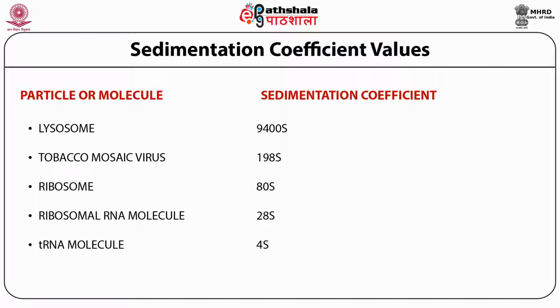On the other hand, a protein like hemoglobin has only 4.5S. So these are the known sedimentation coefficient values of some biological molecules that have been utilized for the determination of the ultracentrifugal properties of molecules using ultracentrifugation techniques.